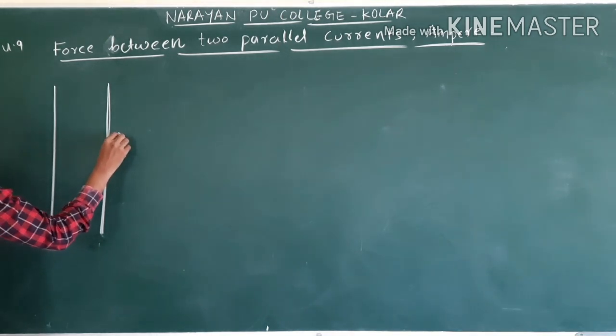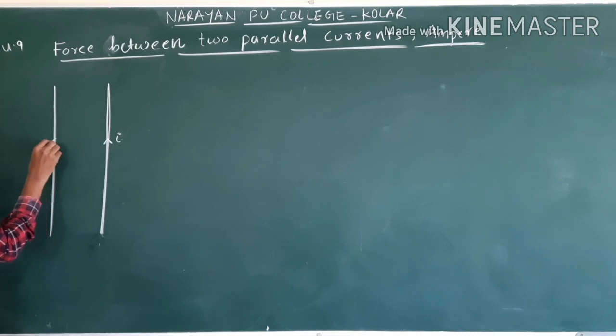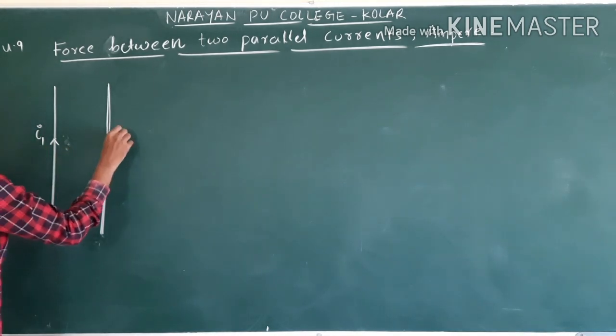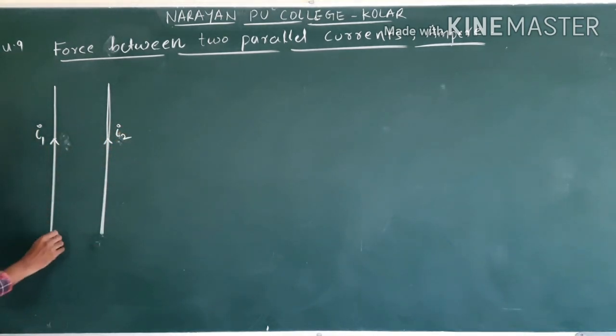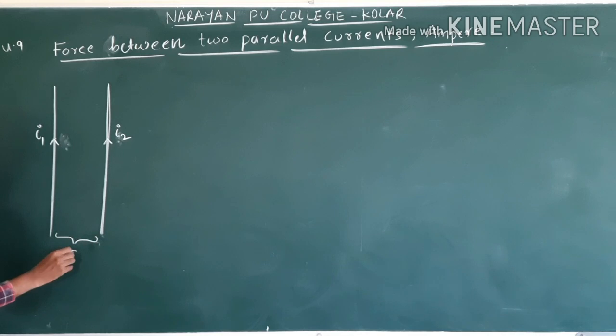Let us say this is the first conductor with current I1, and the second conductor with current I2. These two are separated by a distance d. Infinitely long conductors separated by a distance d in a vacuum, in free space.